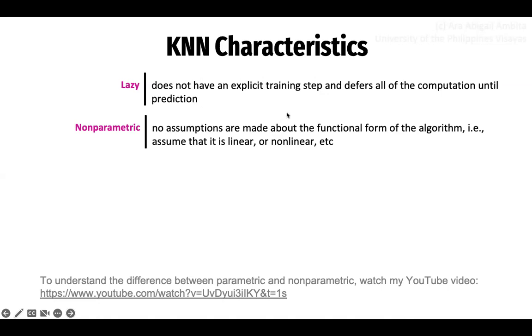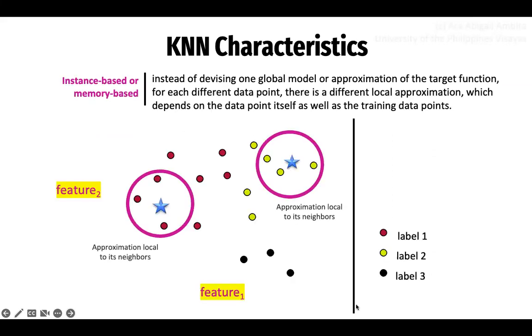For example, we don't assume that the data is linear or nonlinear, etc. If you want to understand more or review the difference between parametric and non-parametric, just click this link and view my video.